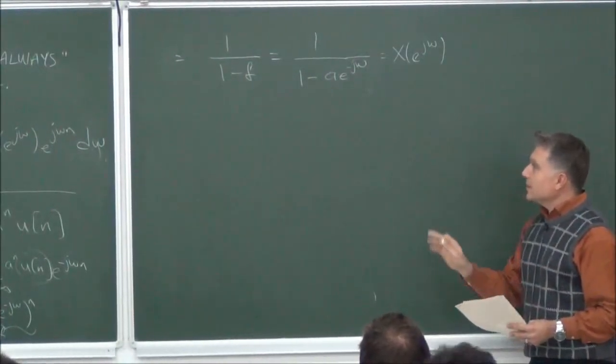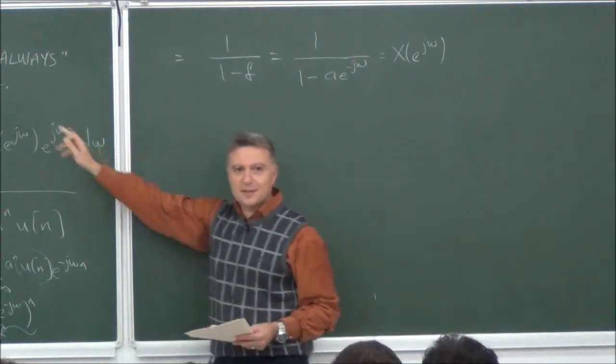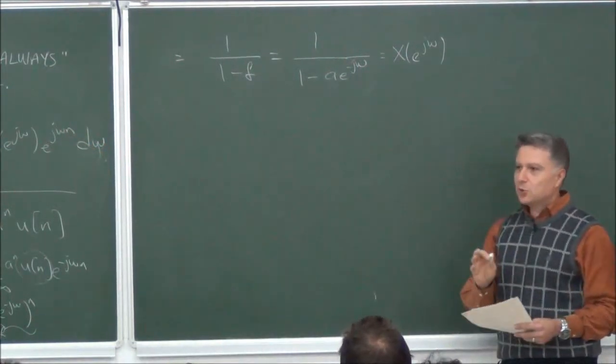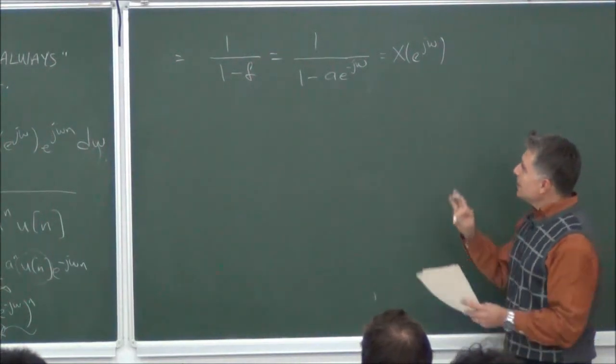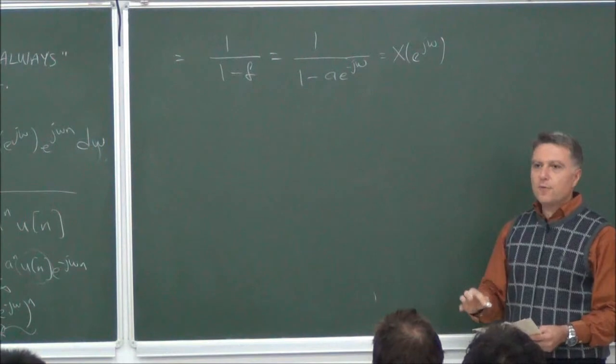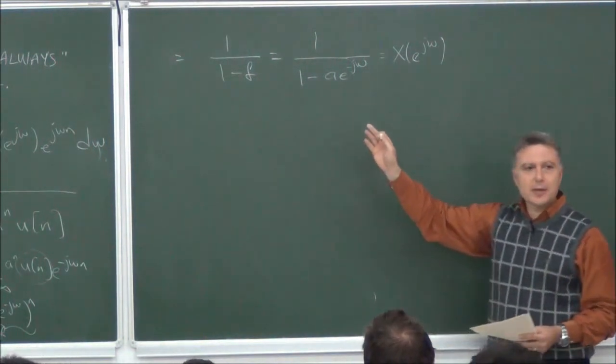Do you remember the first thing that I asked you to check? Is it 2 pi periodic? Well, a nice way to check whether your observation is 2 pi periodic or not is to look at the expression and look for complex exponentials of e to the j omega or e to the minus j omega.